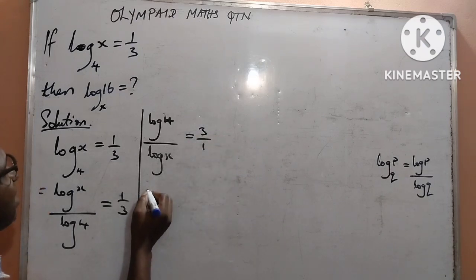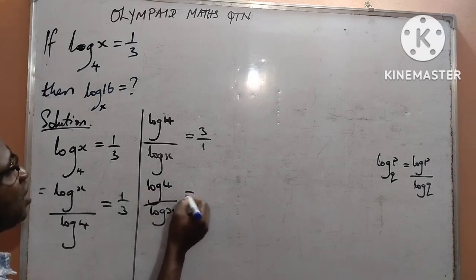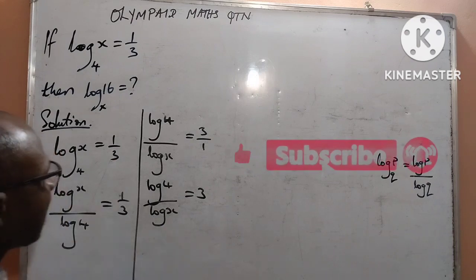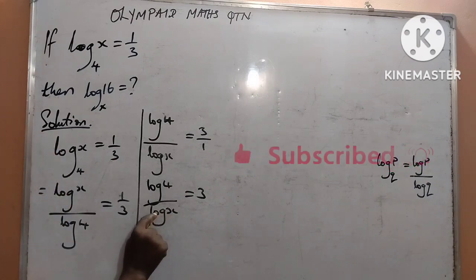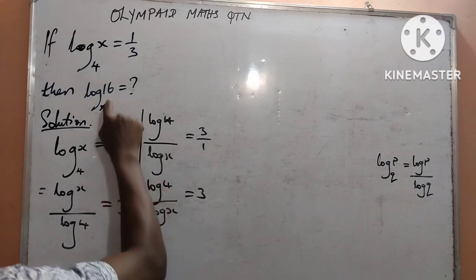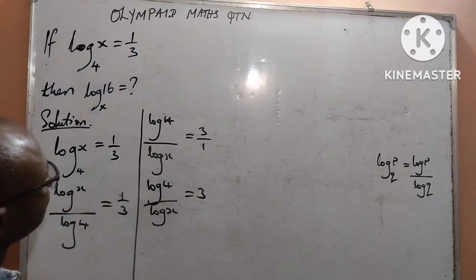So we can simply write it as the log of 4 all over the log of x equal to 3. Good. I have now gotten log x at the denominator and log 4 at the numerator. This 4 now, I will look for a way to make it become 16, and then this x will now be the base. We move on.